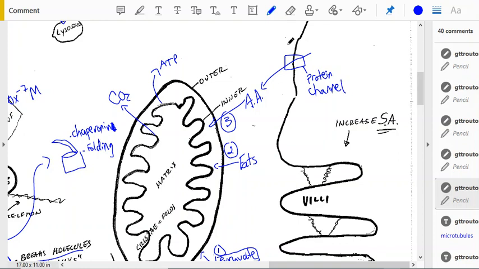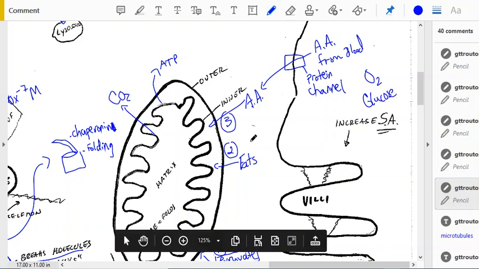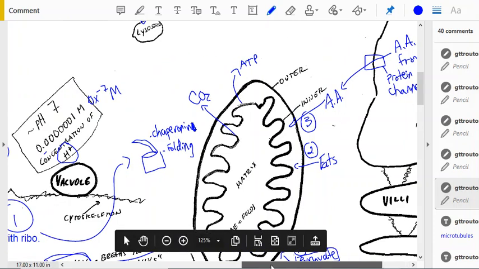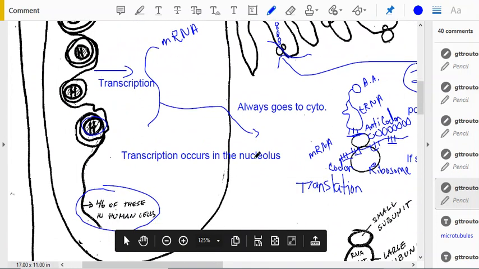So here's a protein channel, and amino acids can come into the cell through that channel from the bloodstream. Right? There's also oxygen out here, there's also glucose out here. I'm just focusing on the things that the mitochondria will need at the moment.